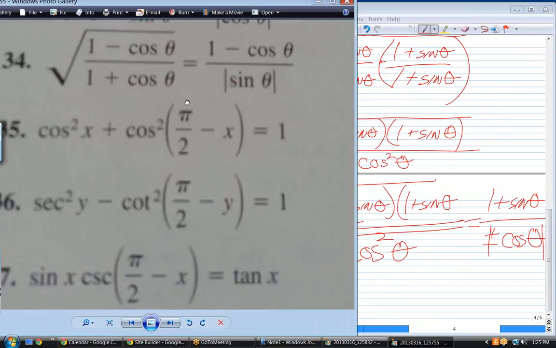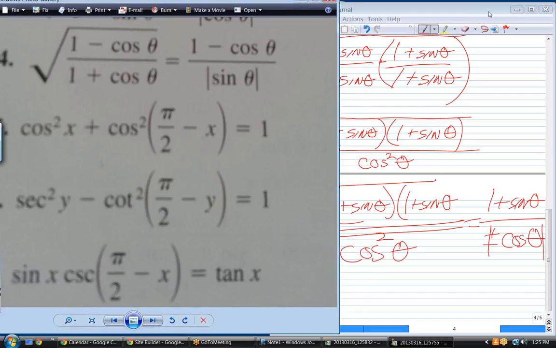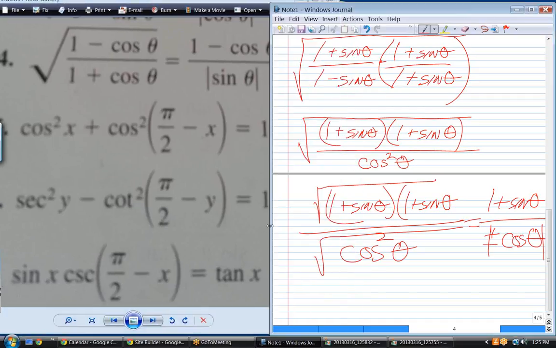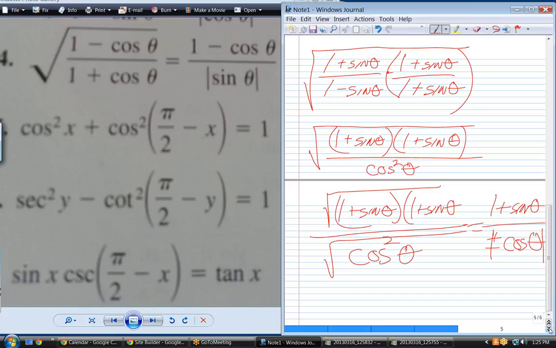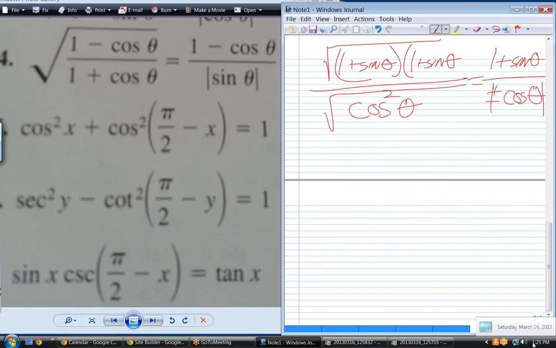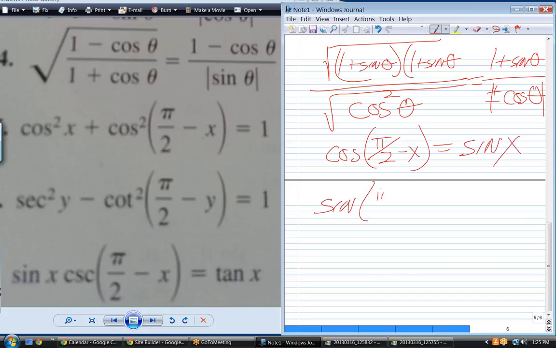35 next? Yes. Okay. This is actually a pretty easy one. If you use the cofunction identity, which is the cosine of pi over 2 minus x is always equal to the sine of x, just like the sine of pi over 2 minus x is always equal to the cosine of x.